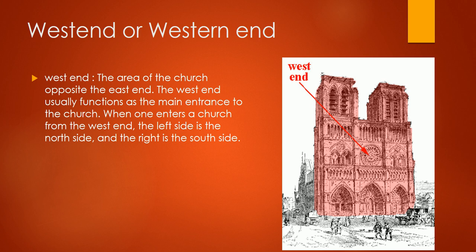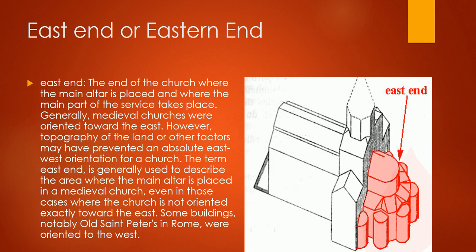No. Is it to the south? A little bit, but it's mostly south and east, mostly east, okay? Because remember, the Mediterranean kind of angles over. And so the idea was that the end of the church where the altar was would point towards the east, towards Jerusalem. Okay? So that brings us to the east end of the church.